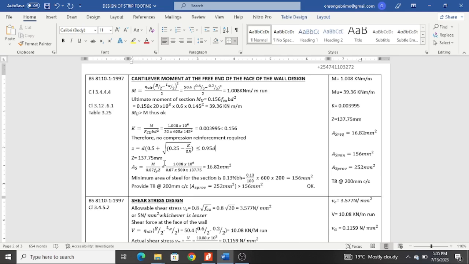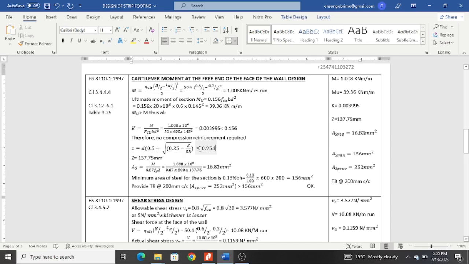0.95 multiplied by D, that is 145. It gives you 137.75. And once you feed the K here, I think you are also going to get a value.